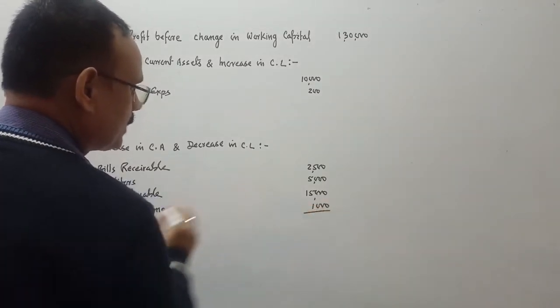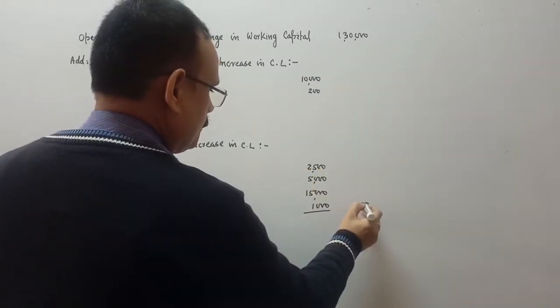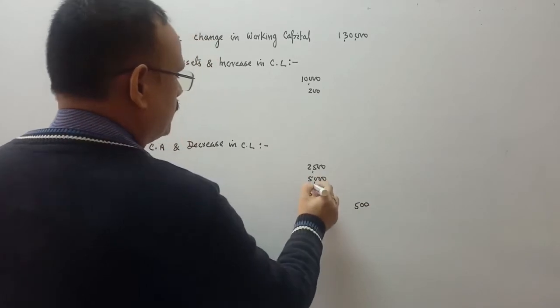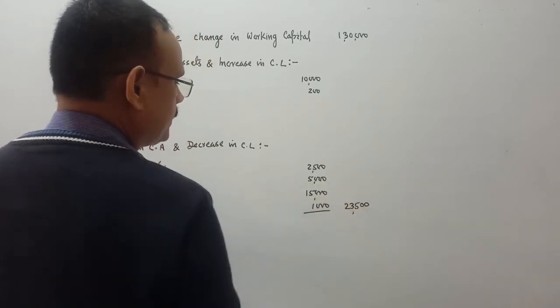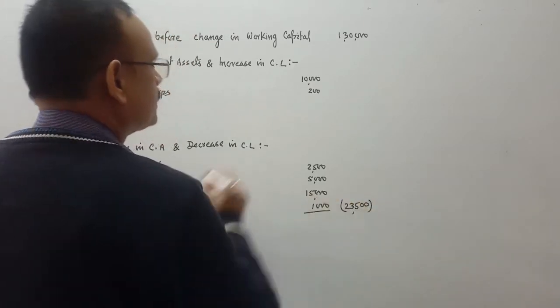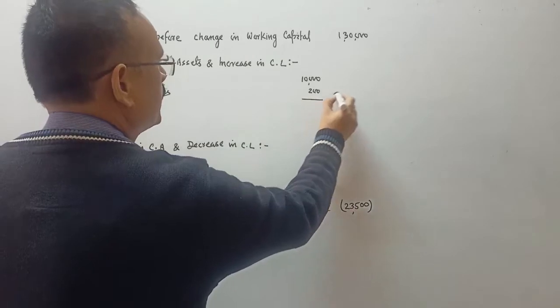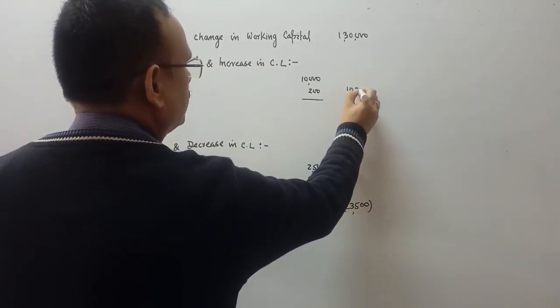So total is how much? The increases total 23,500. So this we have to deduct, in bracket. And there are 2 items which we have to add, that is 10,200.